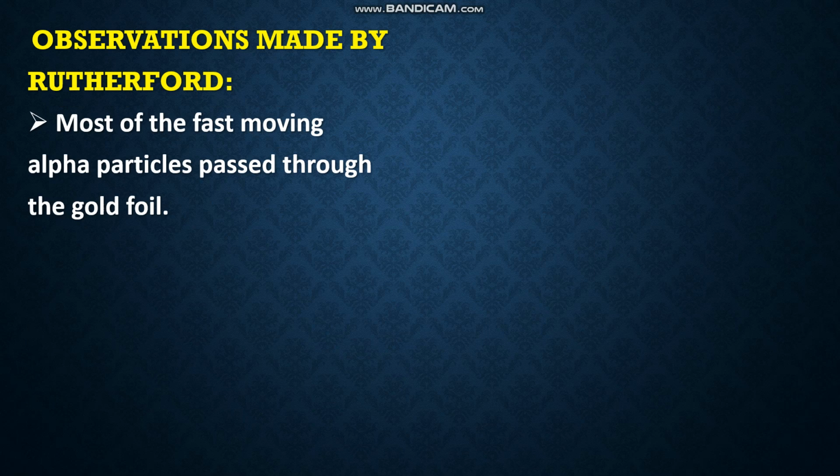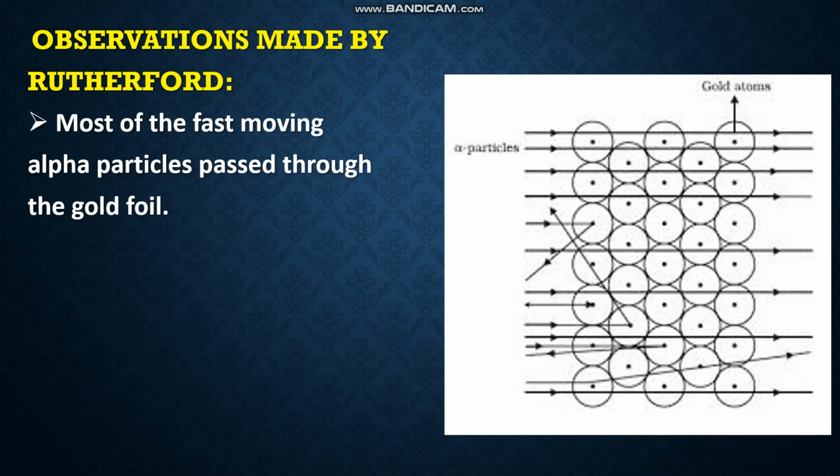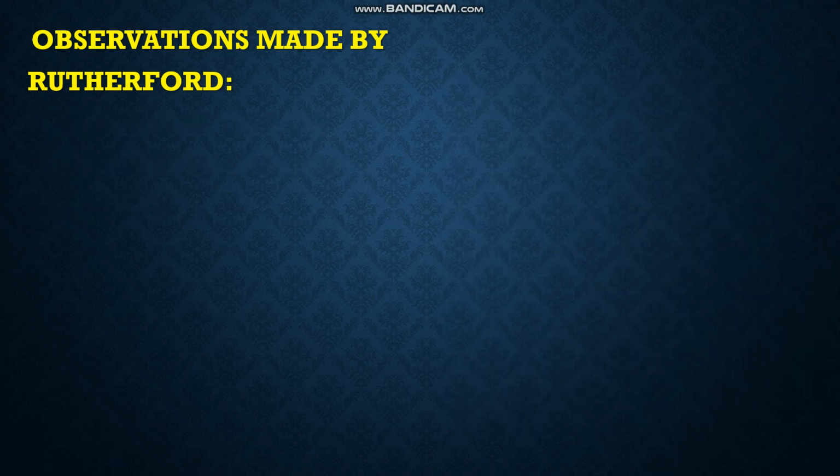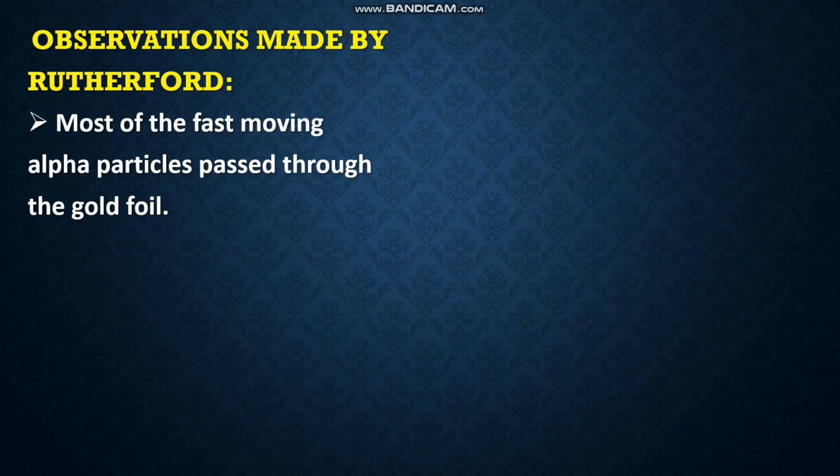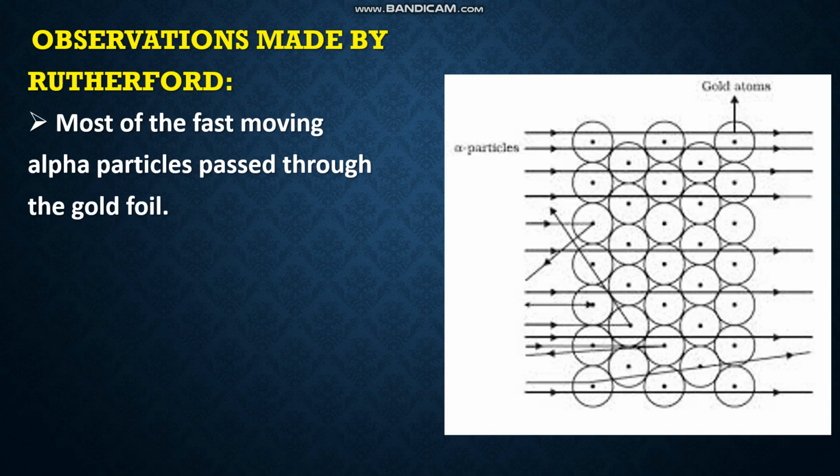Observations made by Rutherford. Most of the fast moving alpha particles pass through the gold foil. Here you can see most of the alpha particles passing in a straight line without any deflection.